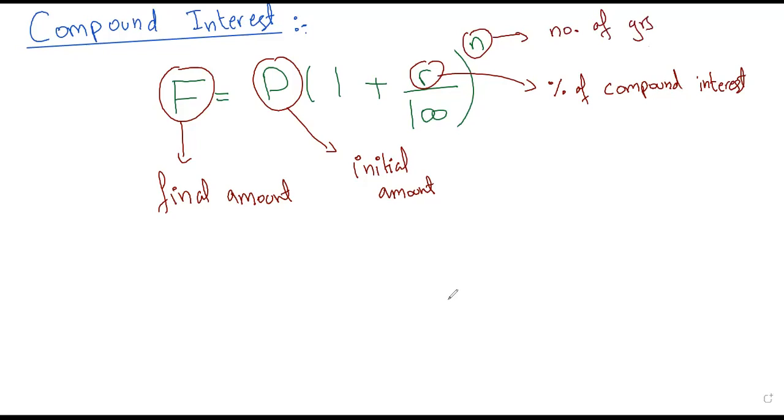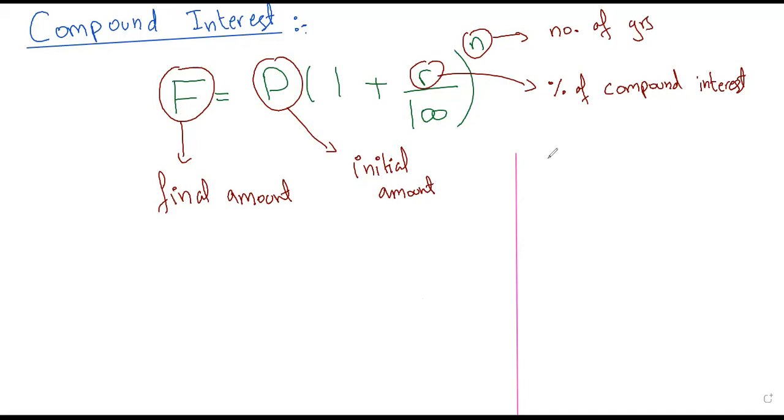Now again, what was the concept of compound interest? We are clear with simple interest. We know that in simple interest, the amount of interest would be same for every year, right? If we are getting $100 for first year, we will still get $100 for the second year. But in compound interest, things are different.